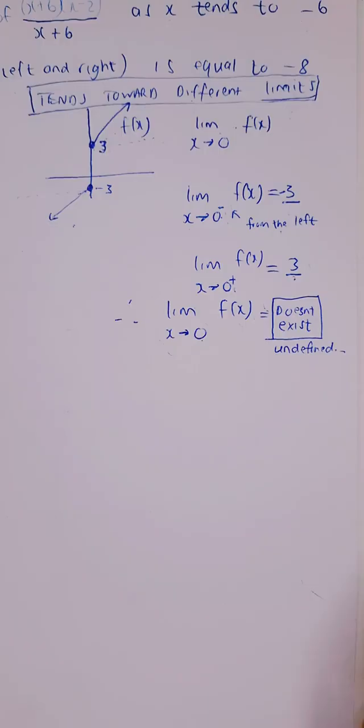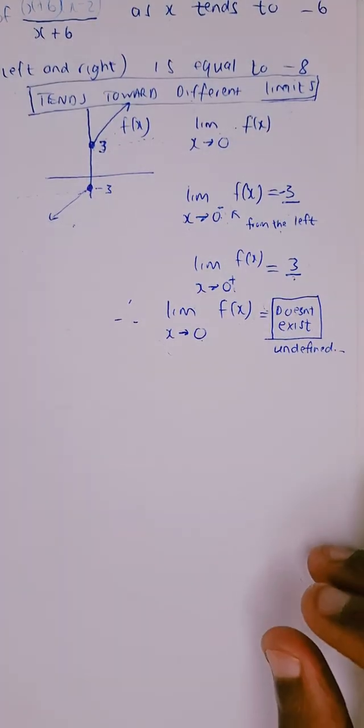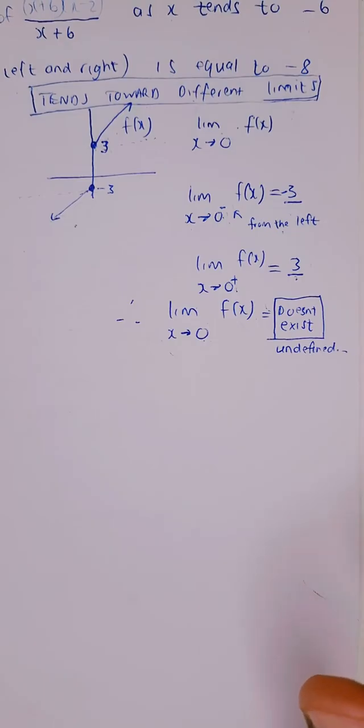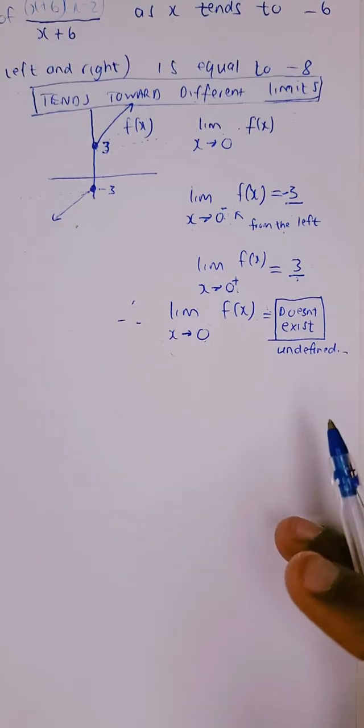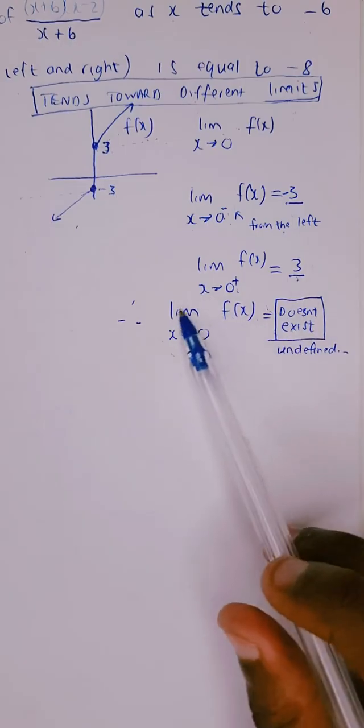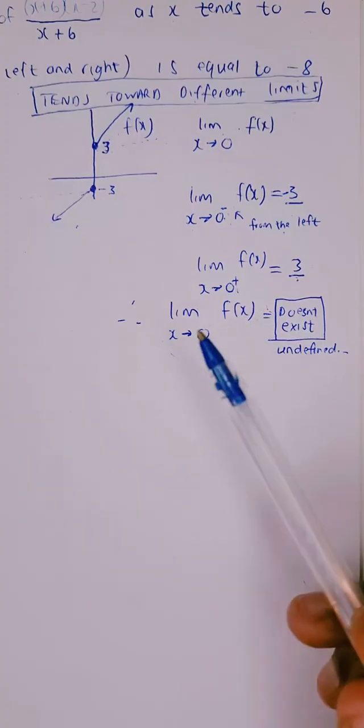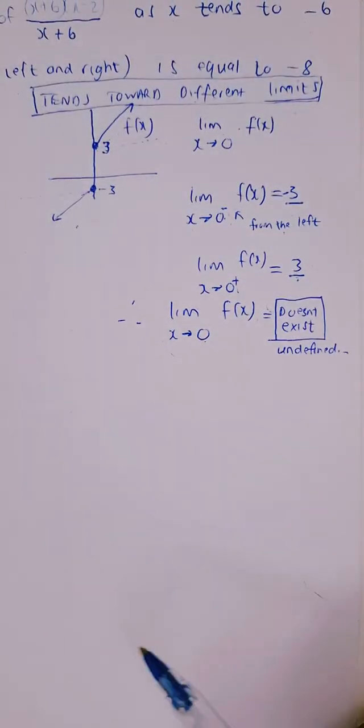It cannot be defined. That's basically what we say when approaching from the left gives one limit, and approaching from the right gives a different limit. Then we conclude that the limit of that function as it approaches that specific value does not exist.